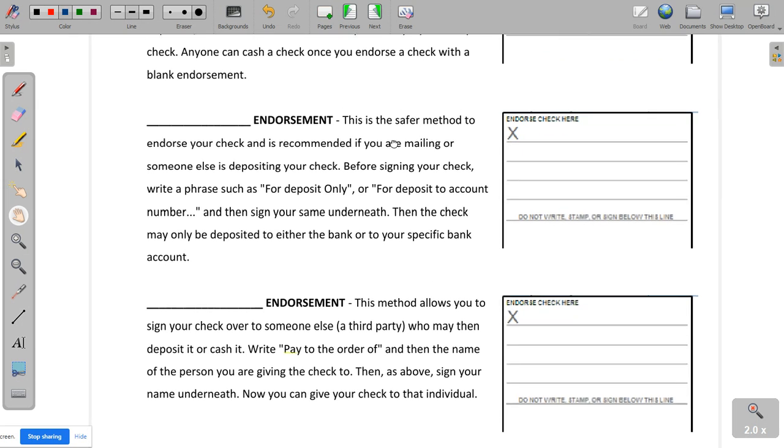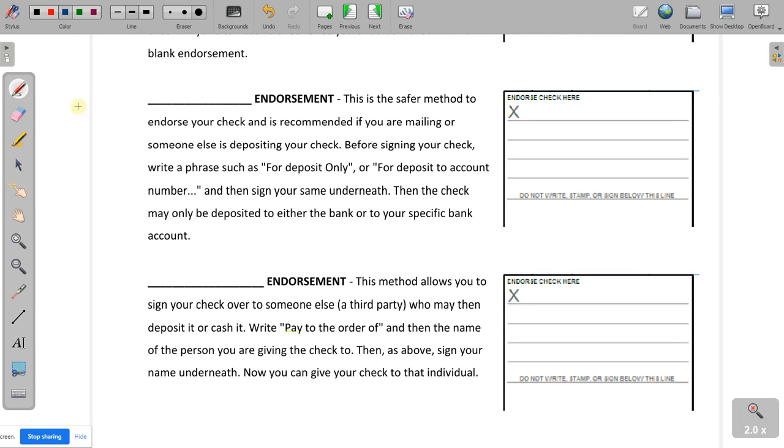The next type of endorsement is a restrictive endorsement. This is a safer method to endorse your check and is recommended if you are mailing or someone else is depositing a check. So before you sign your check, write the phrase "for deposit only," and then you sign your name underneath.